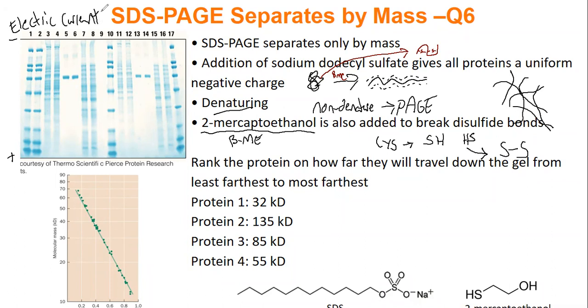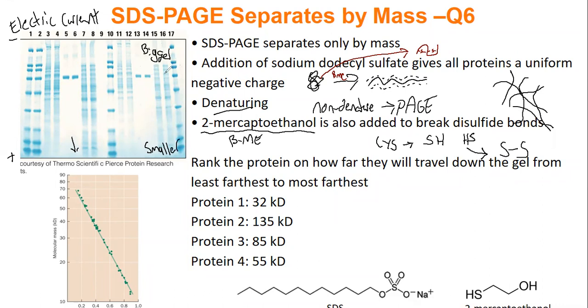Since the proteins are overall negatively charged, they will move towards the bottom of the gel. And how far they move is based on how big they are, because they are moving through these random holes. The smaller they are, the further they can travel. The bigger they are, the less they travel.